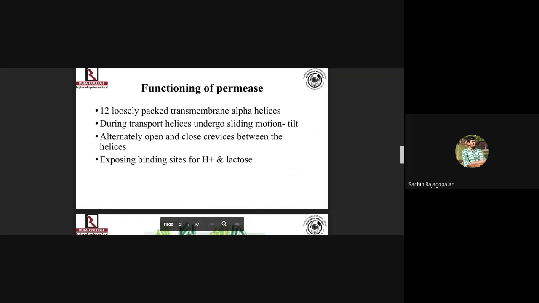Lactose permease is a transmembrane protein wherein it has 12 helices. Imagine this is like your stitching of the protein that we spoke about yesterday, 12 alpha helices on the membrane. Okay, and their movement is very smooth movement that you see in the membrane, because it just tilts and slides to open and close.